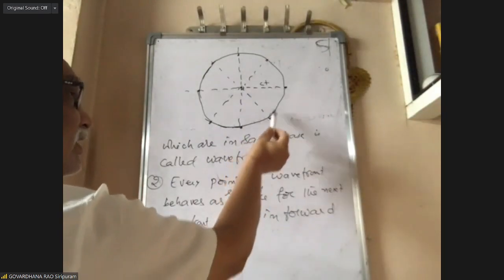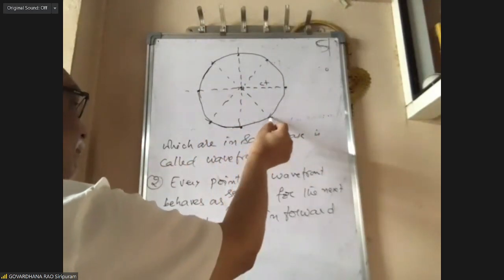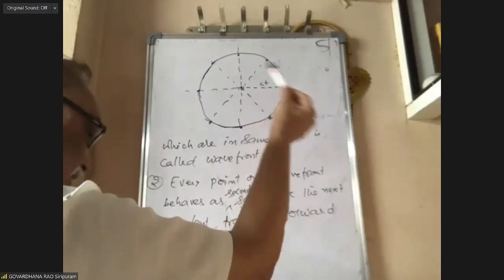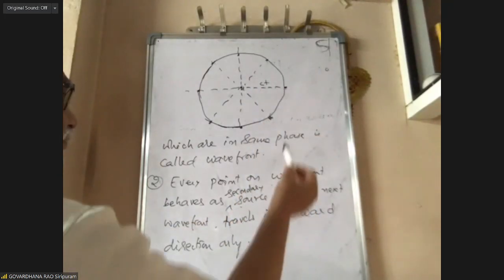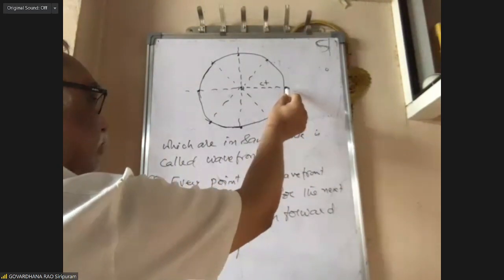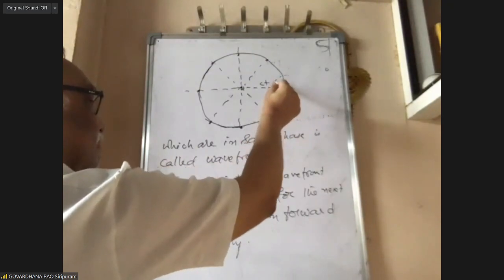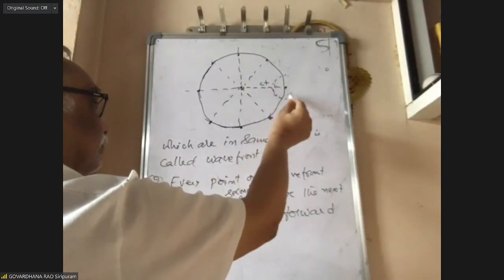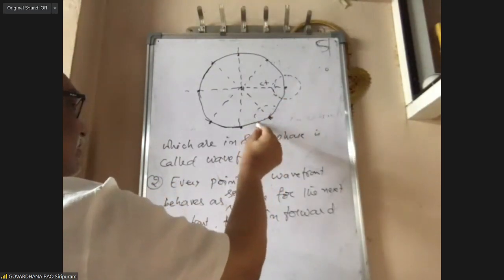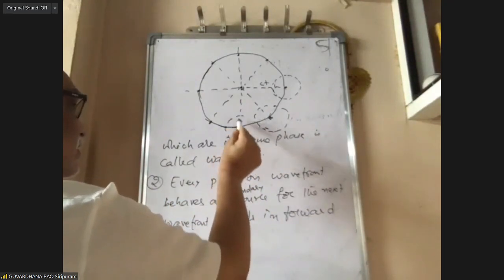And the next sentence, what is given? Every point on this wavefront behaves as a secondary source for the next wavefront. When this is a point, around this point, now this behaves like a point source. Around this, like this.